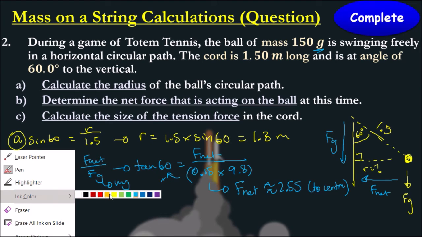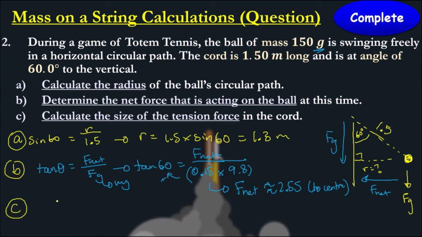And then our last question is question C, and it says calculate the size of our tension force. So we want to find this part here. You can use the gravitational force or you could use the net force, whichever one you like, and it'll give you the exact same answer. So we can use our net force. Sine theta is equal to our net force divided by our tension force.